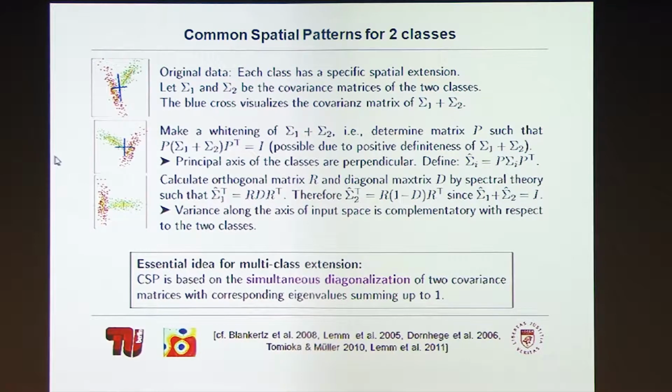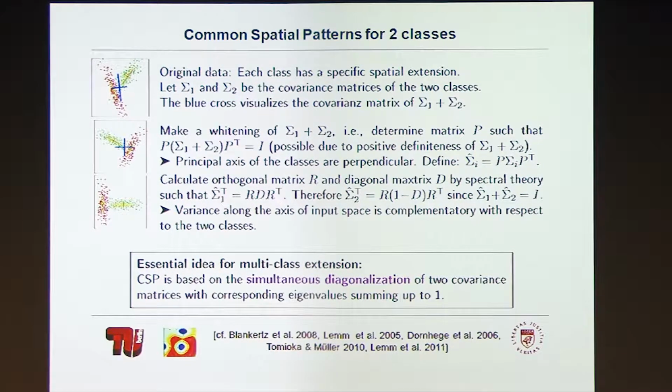So why don't we rotate it in such a way that one direction is very good for decoding one class, because if we decode in this direction, then we get the green class and the red one shrinks to a point. If we project to this direction, then we get the red class and the green one shrinks to a point.